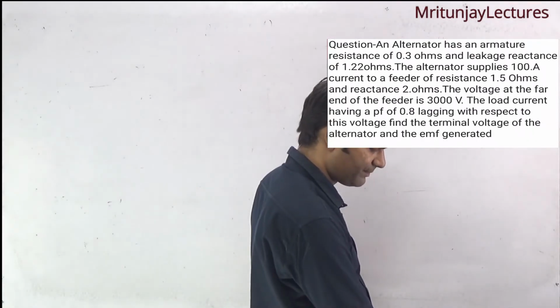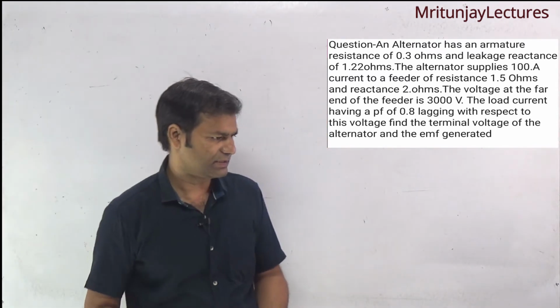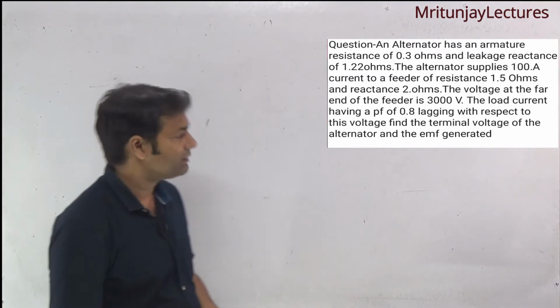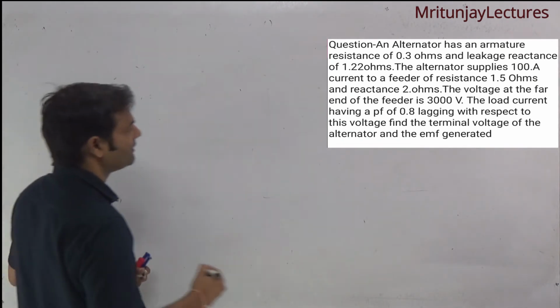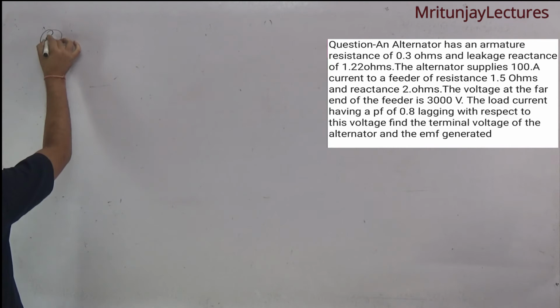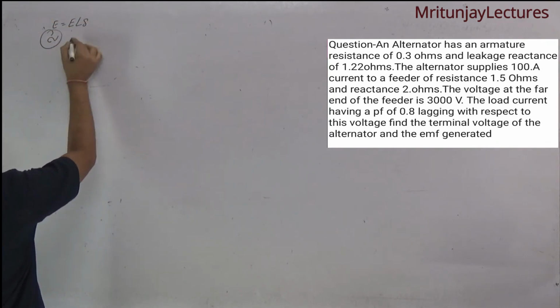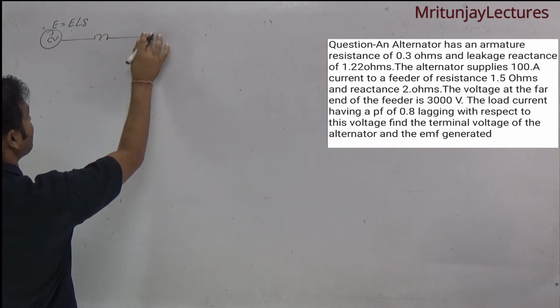Corresponding to the question: an alternator has armature resistance RA of 0.3 ohm and 1.22 ohm reactance. Make the alternator like this, E equal to E at the angle delta. The alternator is a synchronous generator.